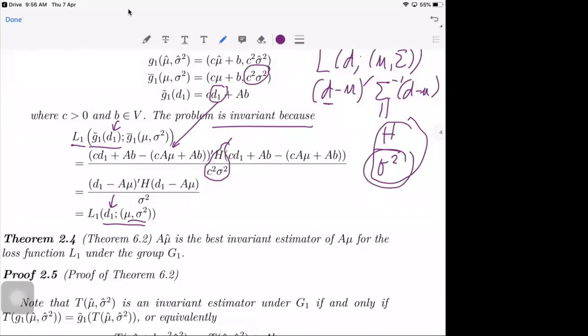So you have H over C squared sigma squared. Then the same thing here, and this is your parameter.